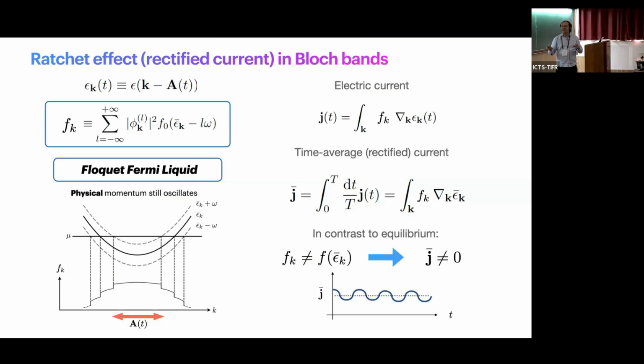So two states that have exactly the same energy could have very different wave functions, and they would have the same occupation in equilibrium. In Floquet, because of these weights, you can have two states that have exactly the same Floquet energy in the Floquet band, but they will have different occupations in the steady state, because the steady state occupation also knows about this Floquet wave function, okay?